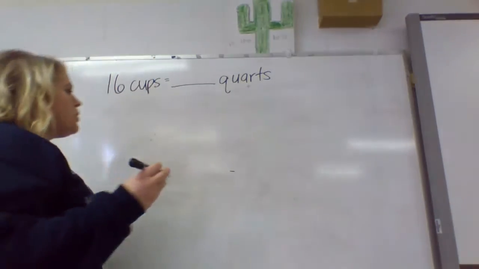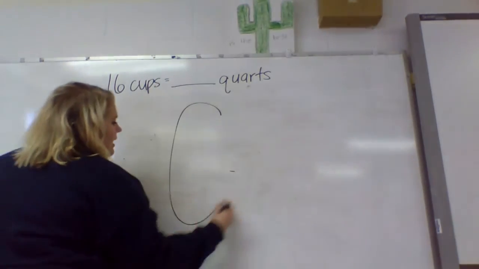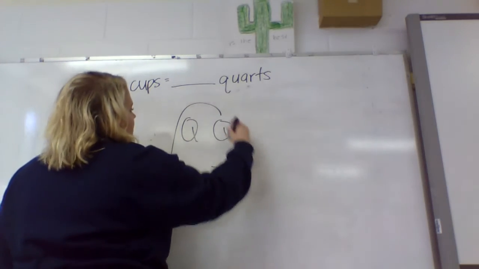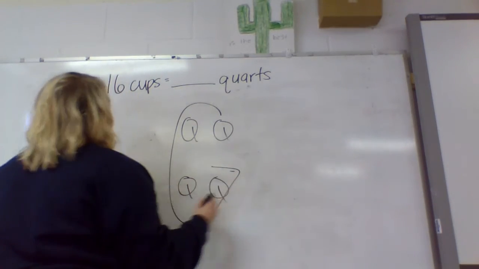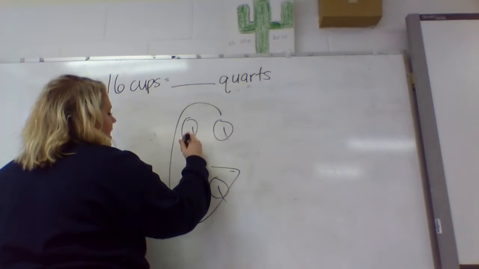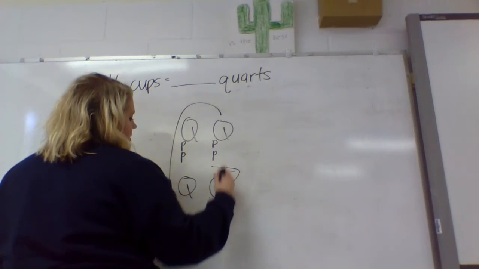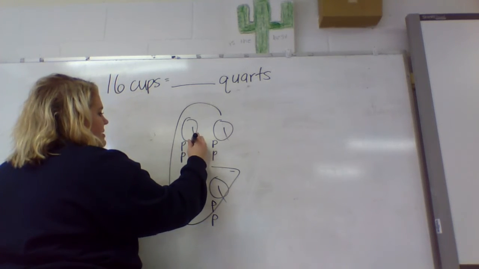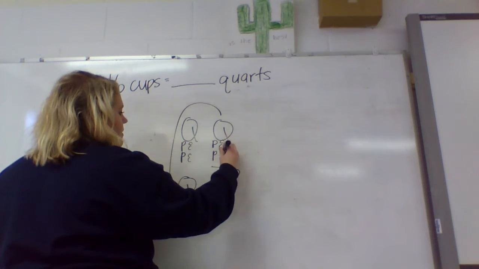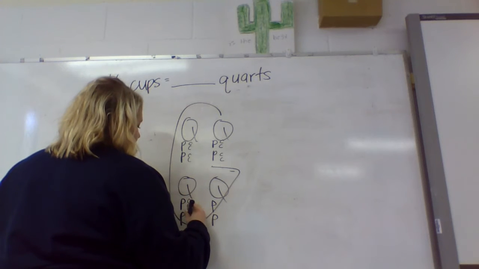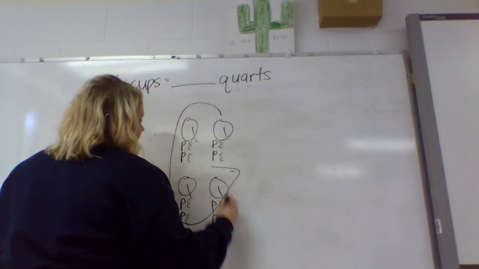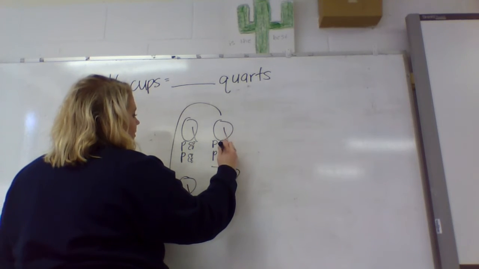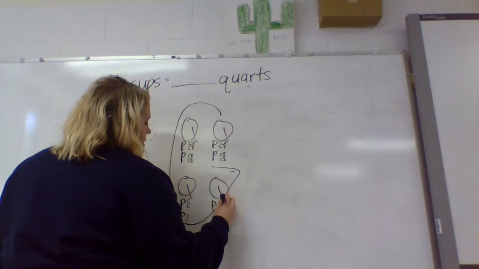So remember, once there was a kingdom of gallon. In that kingdom, there were 4 queens. Each queen had a prince and a princess. Each prince and princess had 2 cats. And each of those cats had an 8 for ears. Remember, the 8 is the 8 fluid ounces in 1 cup.